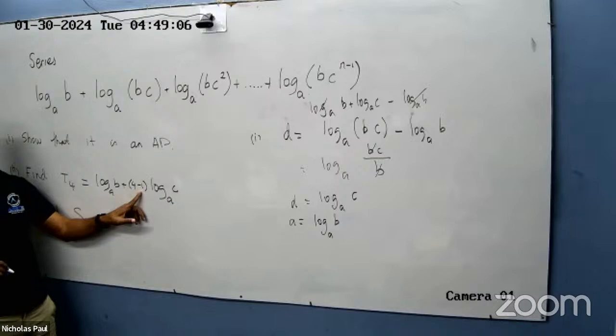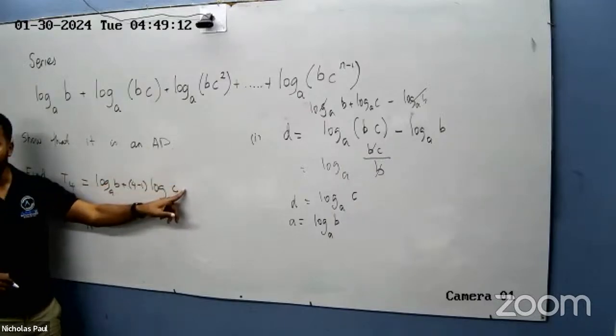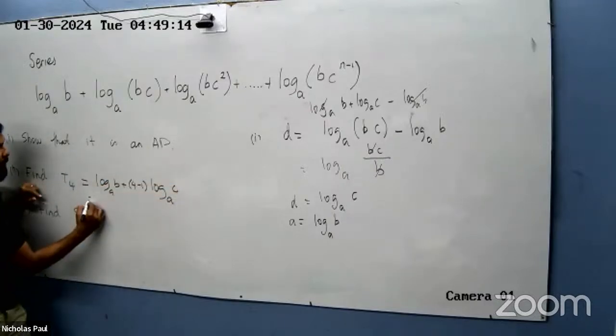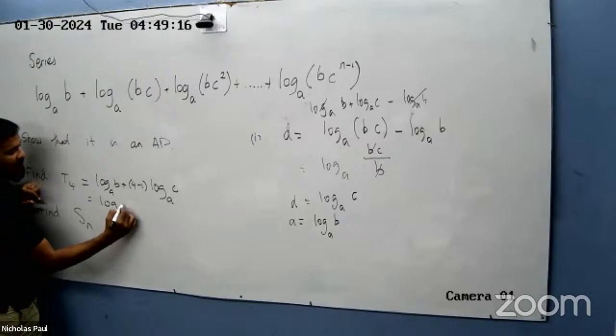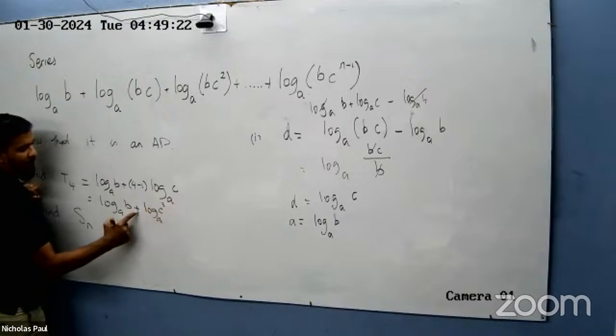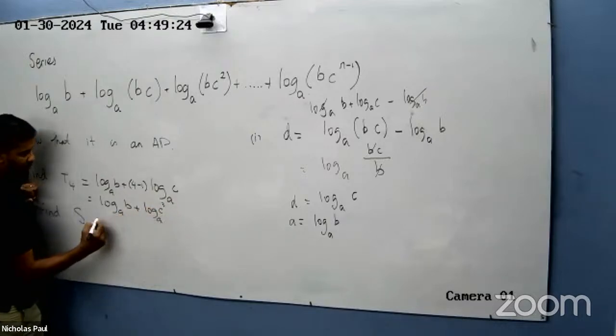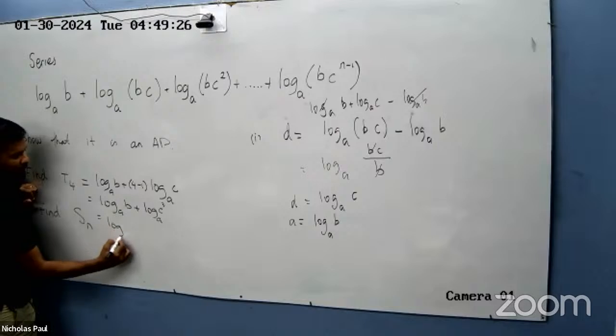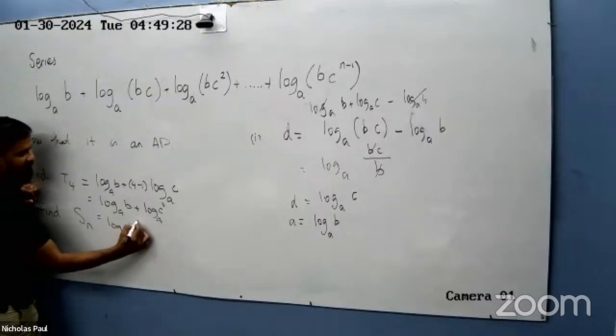What do you do with the power? Put it in front here. So I'll end up with log to the base A of B plus log to the base A of C cubed. Addition means I can multiply. So I'll get log to the base A of BC cubed.